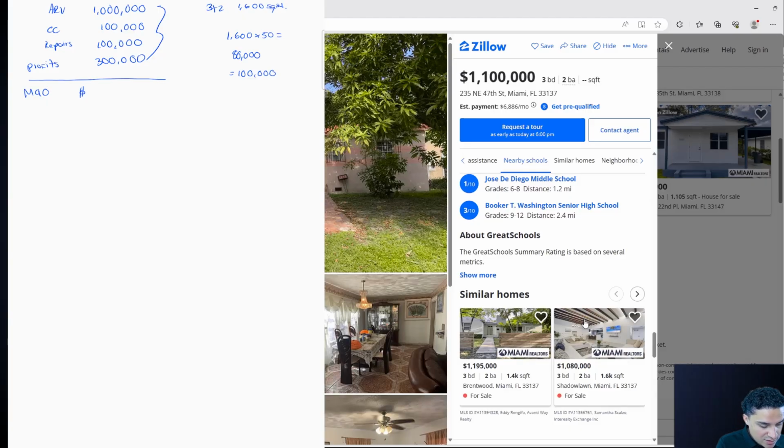So $1,000,000 minus 100 minus another 100 minus $300,000. That means that the offer that you want to make on this property is going to be $500,000. Okay, and it's going to be $500,000 at the most, because I'm talking about me.